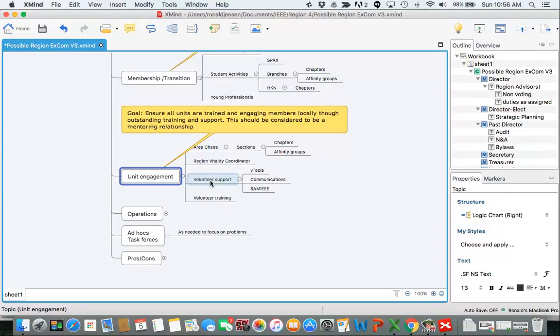Communications is obviously extremely important and is getting more and more difficult. At one time, we all did paper newsletters and sent them out, and that was our prime communications. Certainly, that's not true anymore, because it is email in many cases, but in other cases, it's social media, LinkedIn, all kinds of things. And then, information about our members is all contained within SAMI.